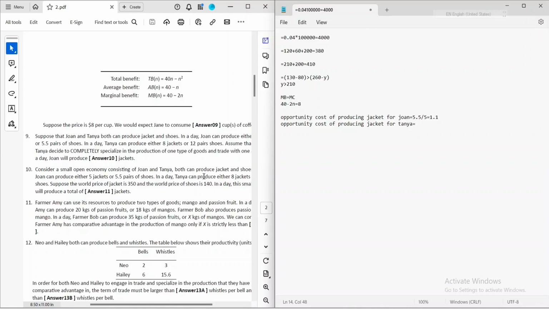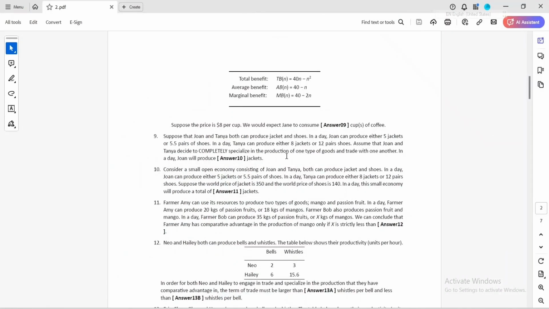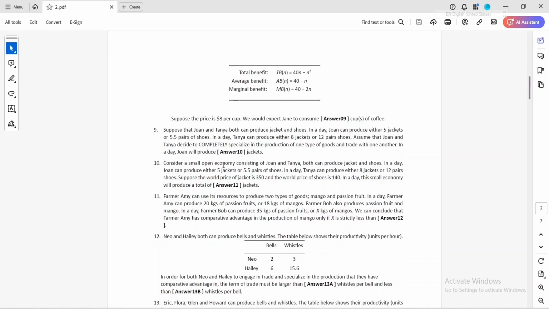This is 12 divided by 8, which is 1.5. As you can see, the opportunity cost for John is smaller than Tanya in the production of jacket. So John should specialize in the production of jacket. When he specialized, he could produce 5 jackets, right? So that's the answer. He will produce 5 jackets.